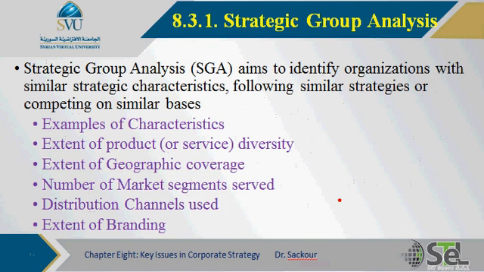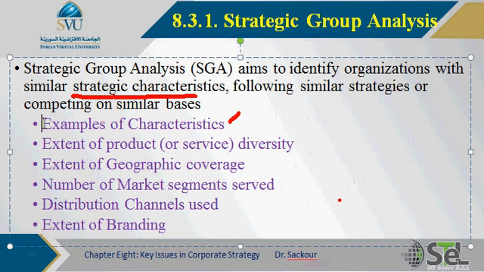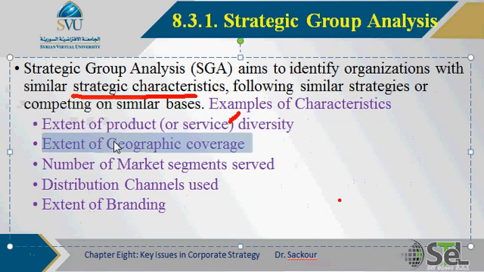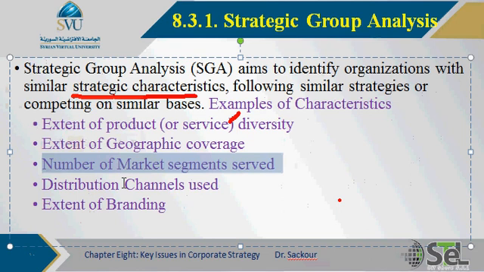Strategic group analysis aims to identify organizations with similar strategic characteristics, following some strategies. Some examples of characteristics are extent of product, geographic coverage and area, market segment, distribution channel, and extent of branding.